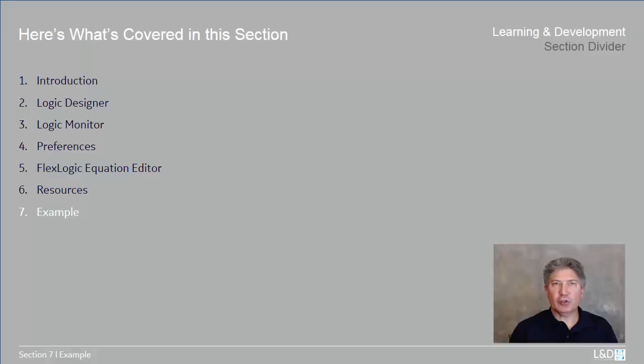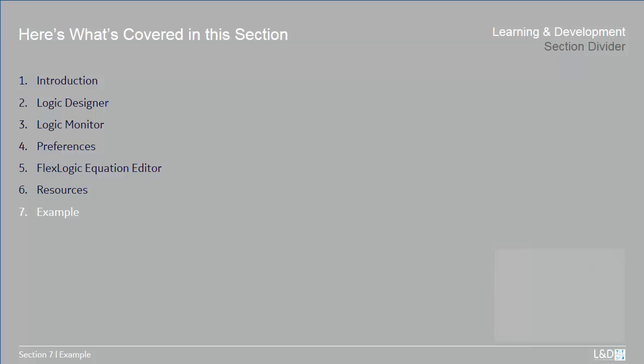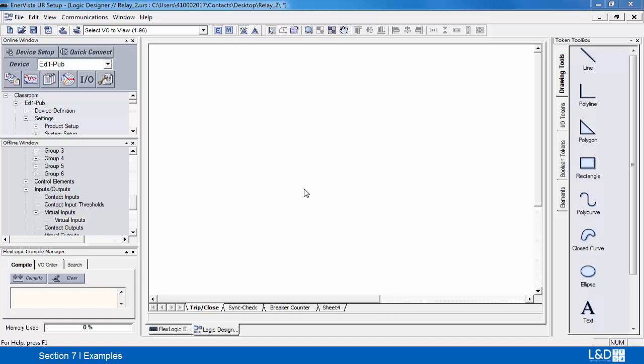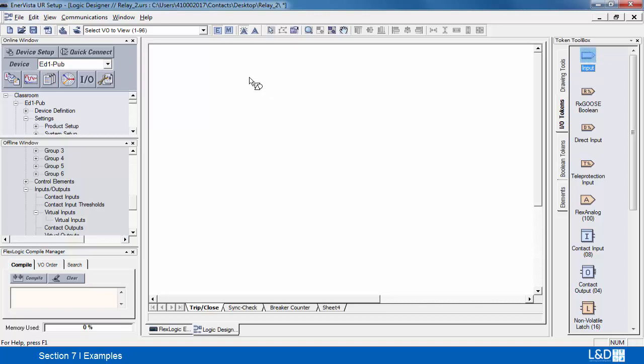In this section, I want to show you how easy it is to create circuits using different symbols. In this exercise, we're going to generate a trip close circuit. We're going to start off with the trip circuit, which consists of a phase IOC protection element and a remote trip with a virtual input.